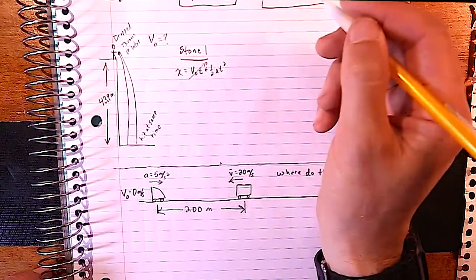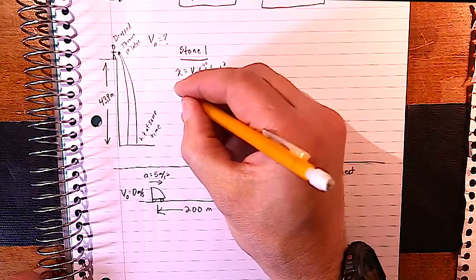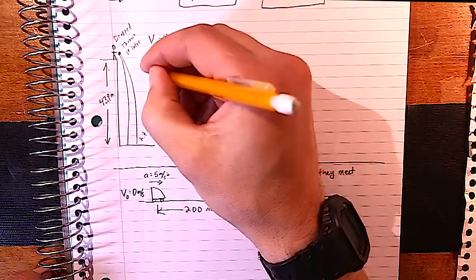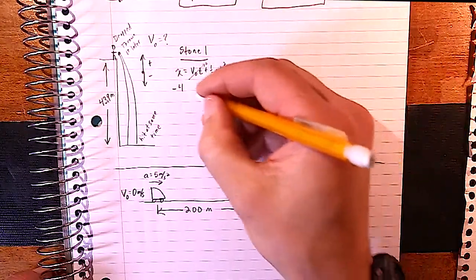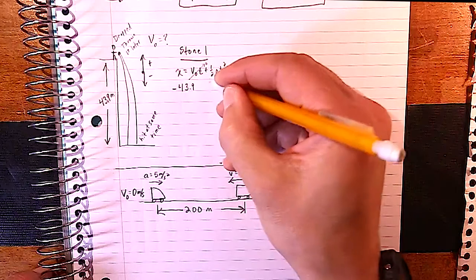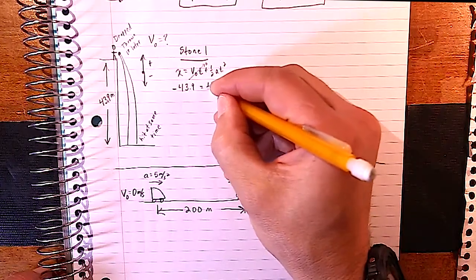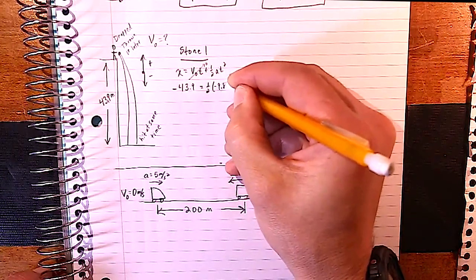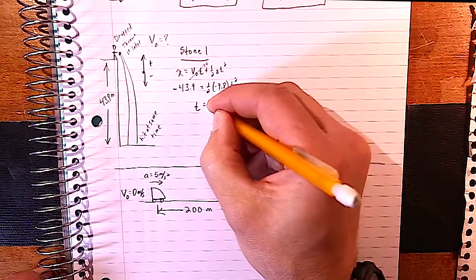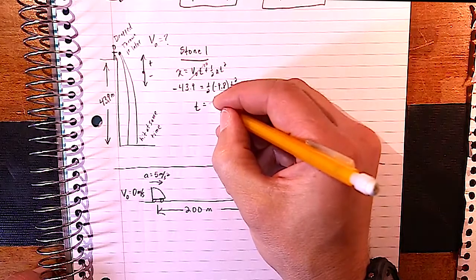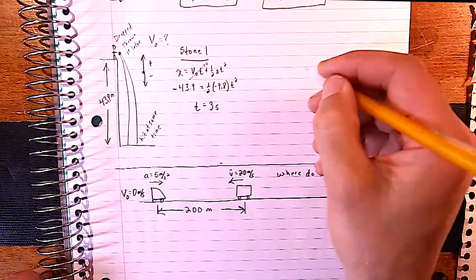So the initial velocity gives us 0 in the first term. I chose up plus, down minus, so that's minus 43.9 equals 1/2 times negative 9.8 times t squared, and that means that t is going to come out to approximately 3 seconds.